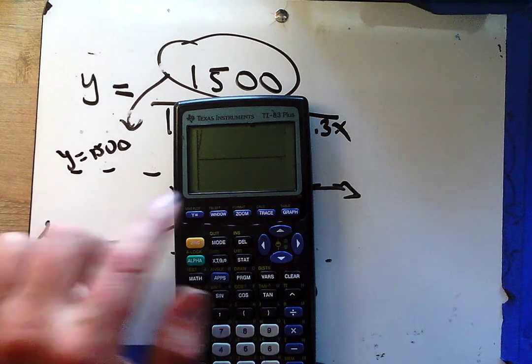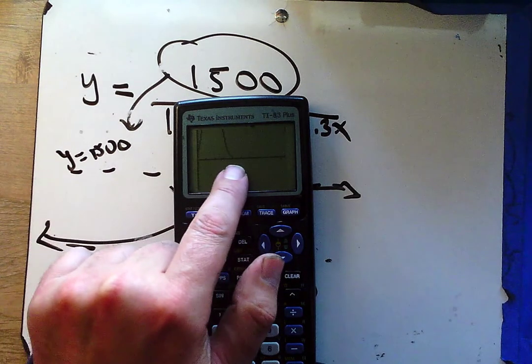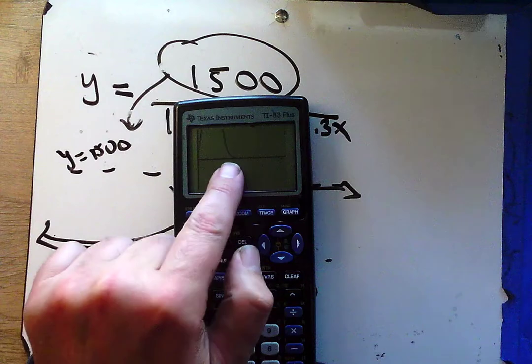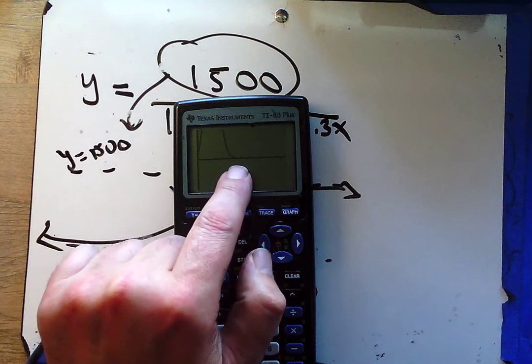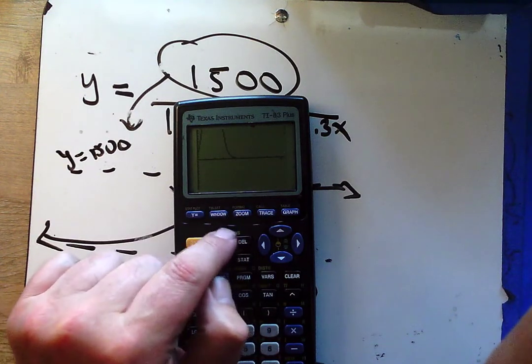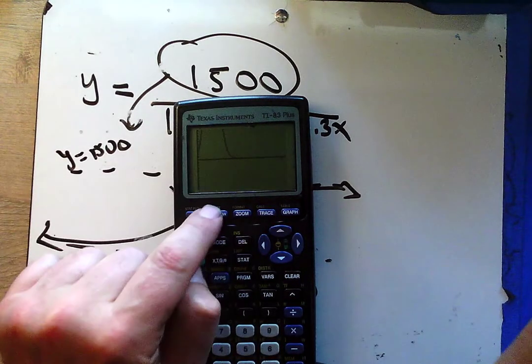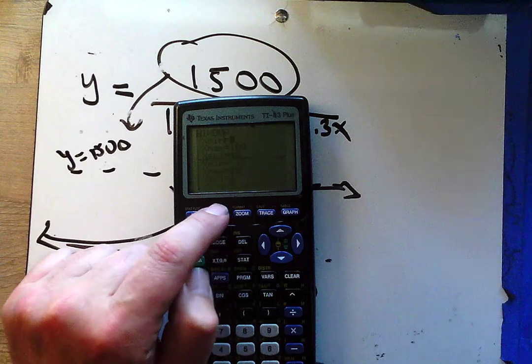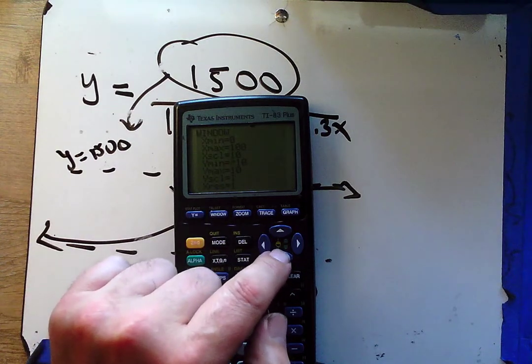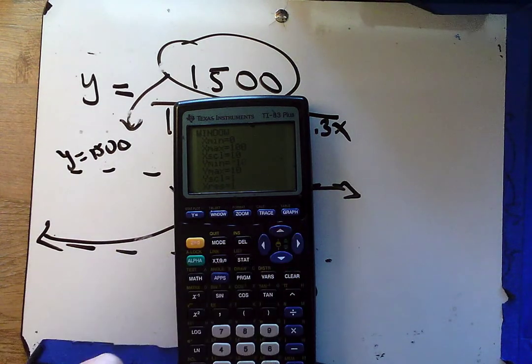Oh, look at that. Positive, negative. Oh, it doesn't go negative, does it? It comes very close to 0. Let's change the window. Let's bring it close and see if it works. Okay, so changing my y values and going to negative 1.